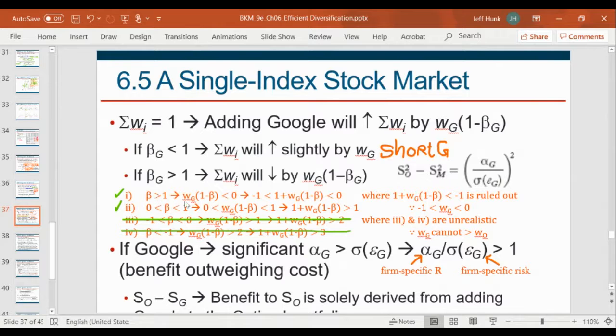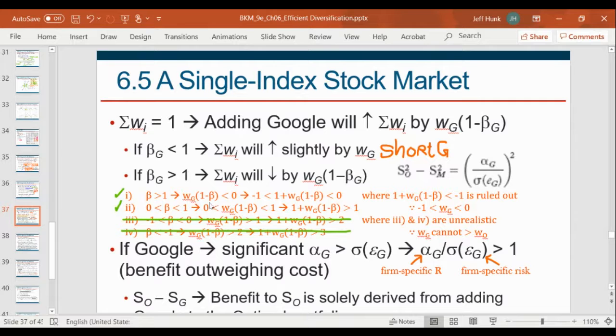This is the case, this is the old thought experiment, right? If beta is greater than 1, this number will be negative. Okay, this number will be negative.